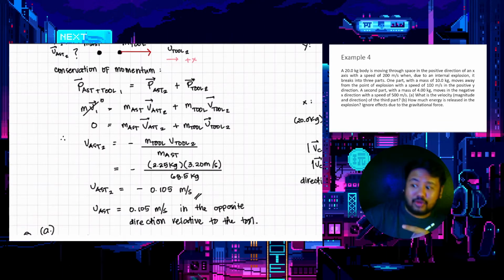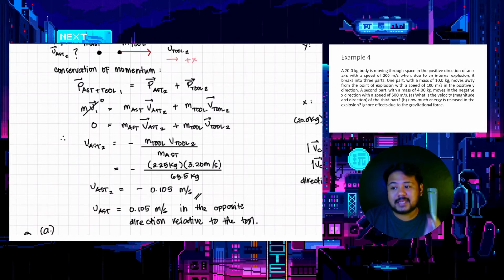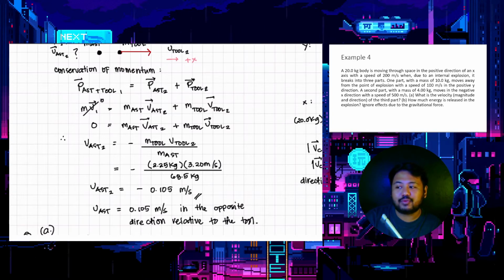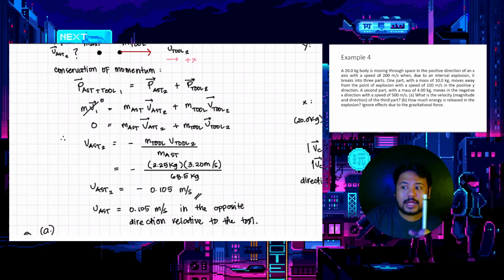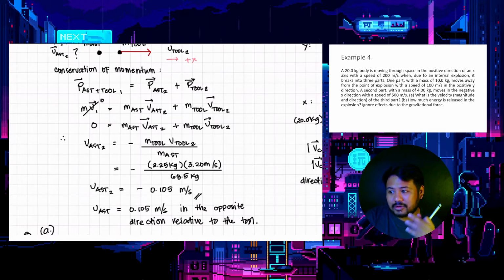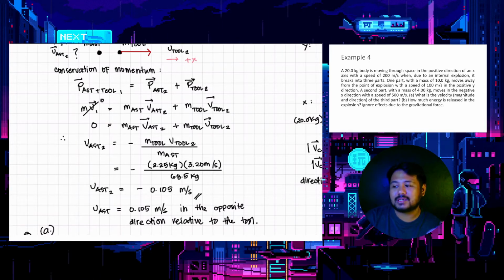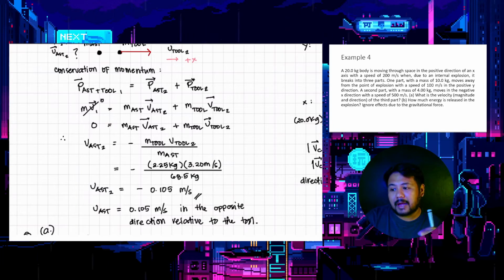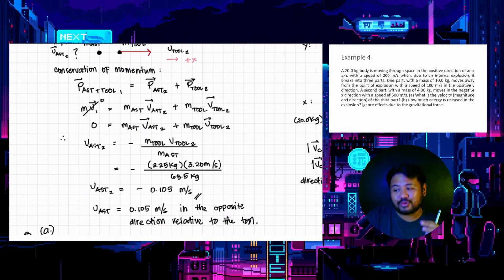This is kind of long, but it's very easy. A 20-kilogram body is moving through space in the positive direction of an x-axis with a speed of 200 meters per second. When, due to an internal explosion, it breaks into 3 parts. One part with a mass of 10 kilograms moves away from the point of explosion with a speed of 100 meters per second in the positive y direction, moving up.